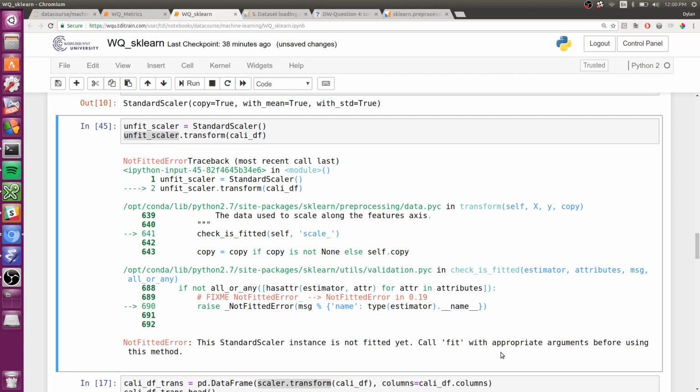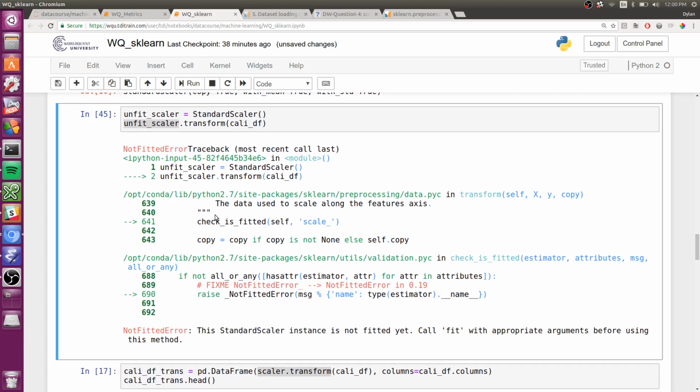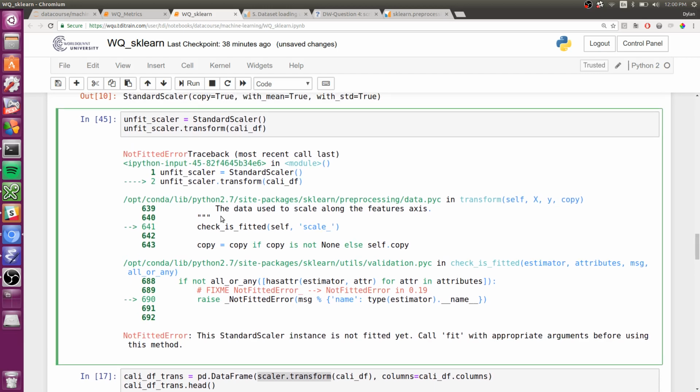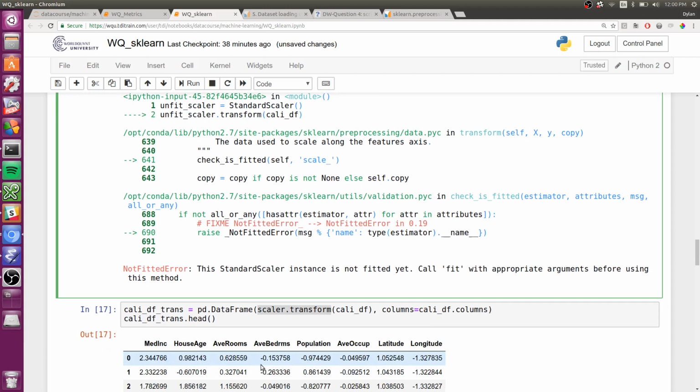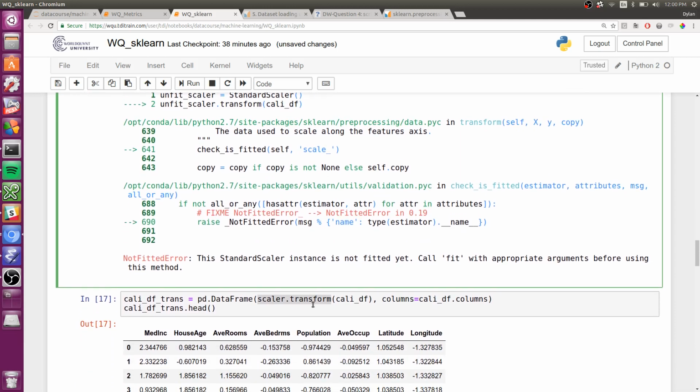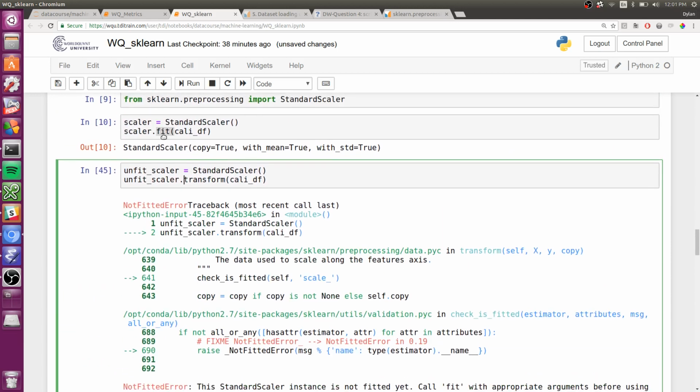Call fit with appropriate arguments before using this method. So the scaler must know what the mean and standard deviation is of each feature before it can perform the transformation. And we calculate those things in the fitting step.